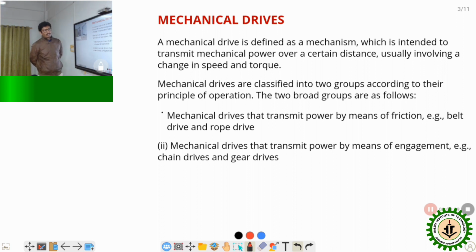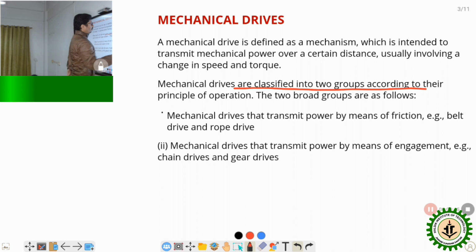Now, based on the mechanism, there are two types of mechanical drives. One type runs on the laws of friction, another with direct contact. So the mechanical drives are classified into two groups according to their principle of operation.